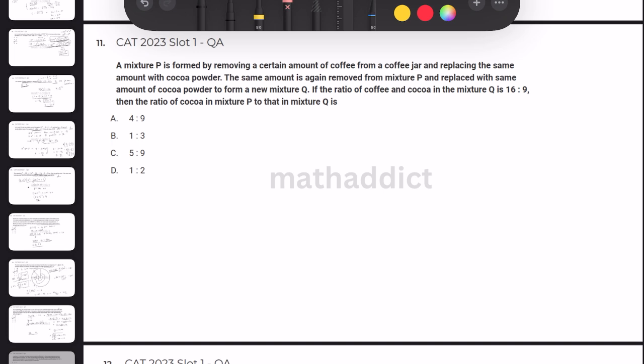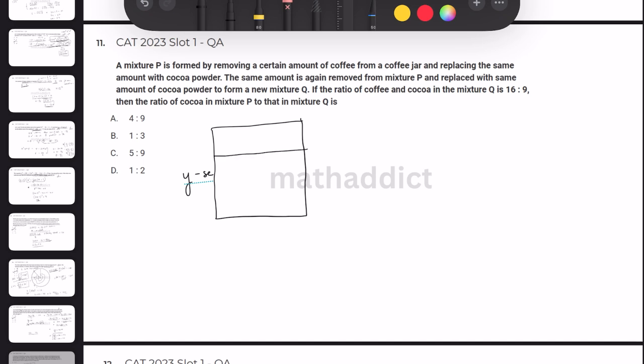We are replacing the same amount with cocoa powder. Let's say to start with, we have y grams of coffee. Out of that, say in the first go we replaced x grams of it with cocoa powder.